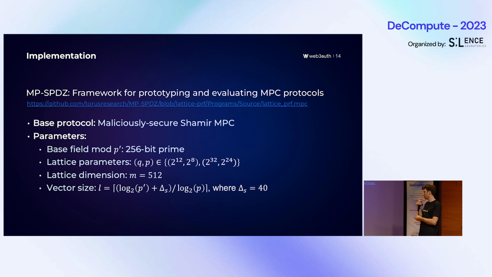So we have 2 parameter sets which aim roughly for 128-bit of security. Lattice dimension is fixed to 512, and the vector size is basically how large the vector is and how many output elements you get before this reduction step in the end.